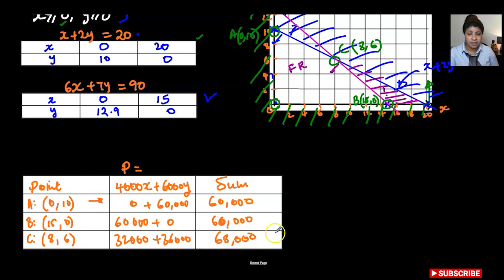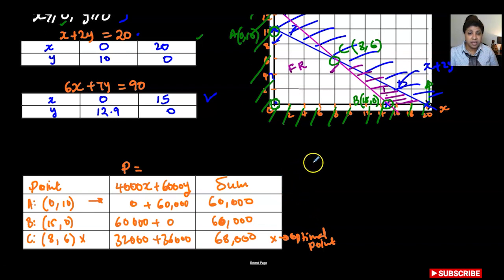So we can see this point here, point C, is the one that's going to give you the maximum profit. So this point is called the optimal point. This is the optimal point because this is the one that's going to give you the maximum value.